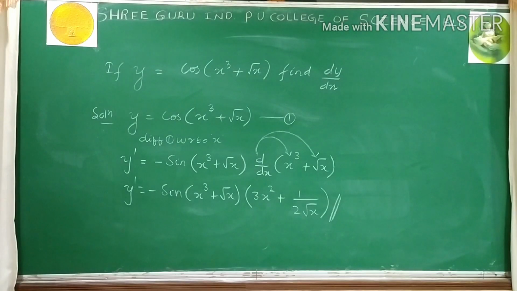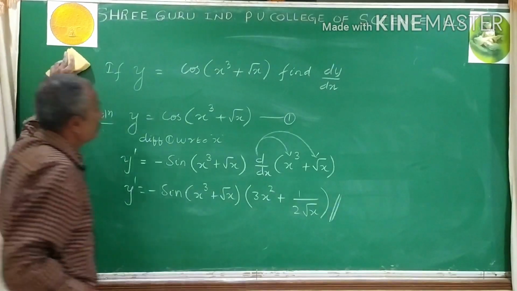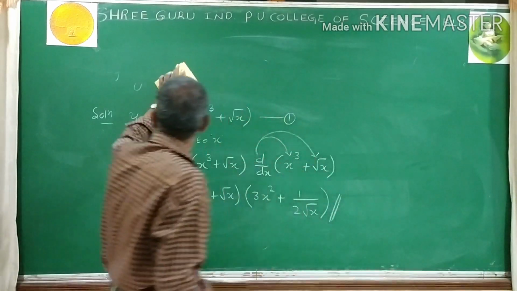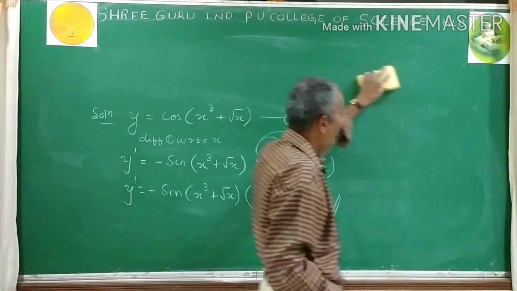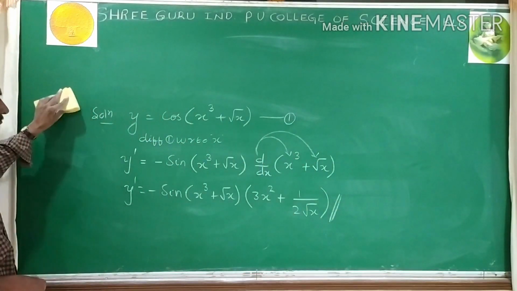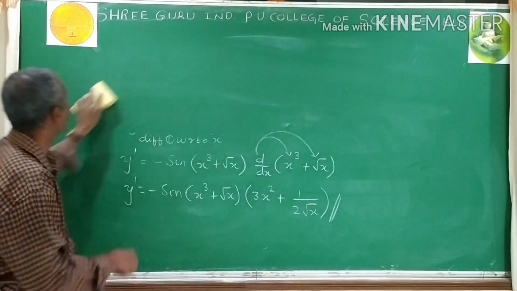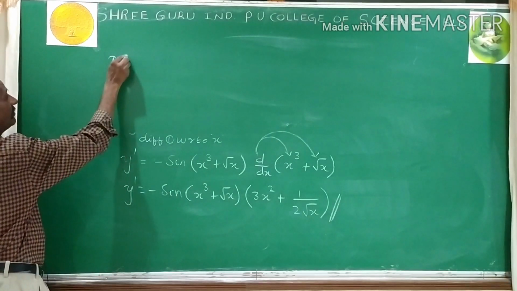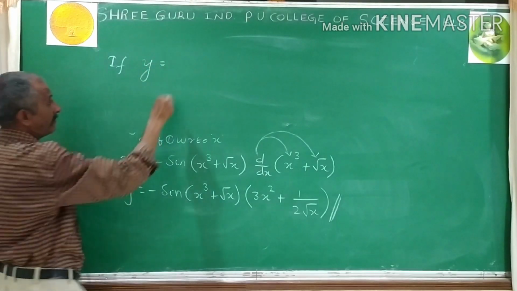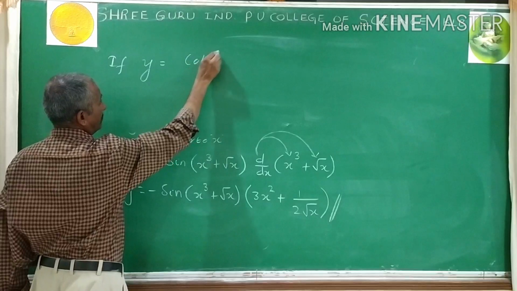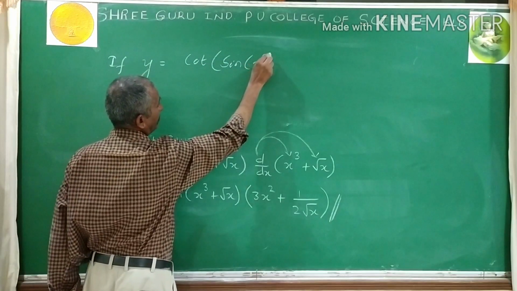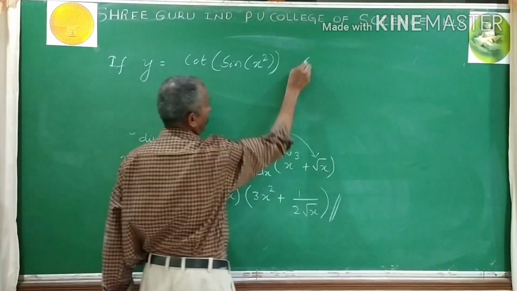Next problem. If y equals cot of sin of x square, find y dash.